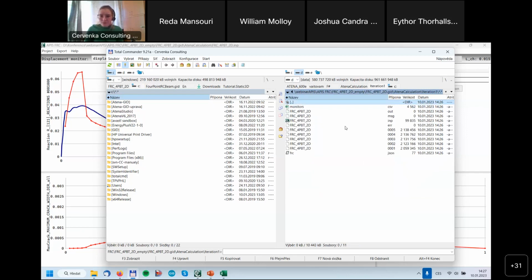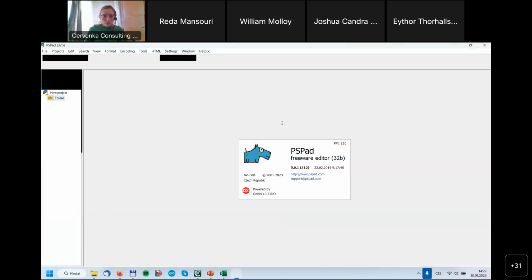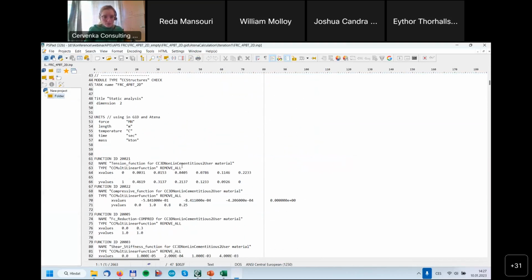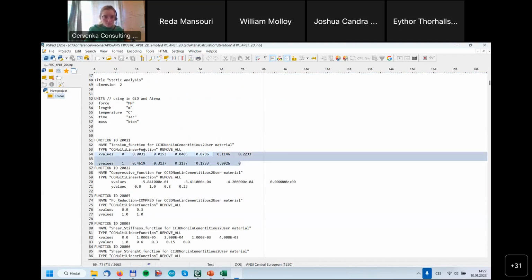And this simulation that is running in the background with ATENA console at the moment started with the INP file that was already modified with a different tension function that should be closer to our solution. When I open this INP file and scroll down to our tension function, it's actually the first one, the tension function for our user material.